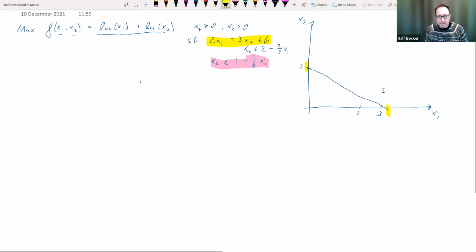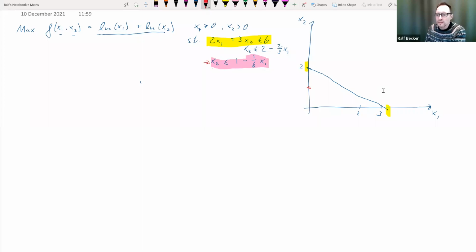But what about that second constraint? Let me just do this in red. That second constraint has an intercept of 1 and then minus 1/6 times x1. So where does that intercept the horizontal axis? Well, if x1 is equal to 6, then we have 1 minus 1, and that's 0.